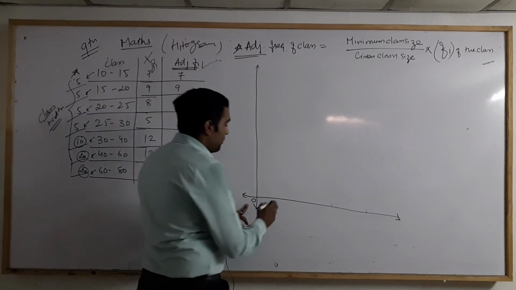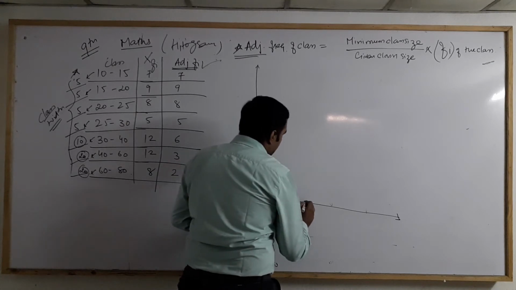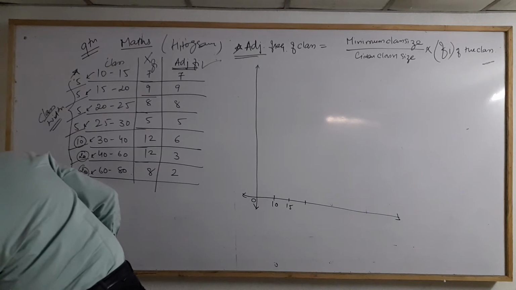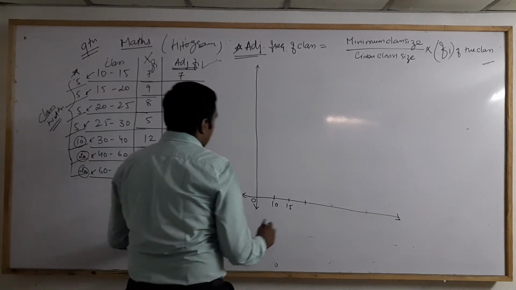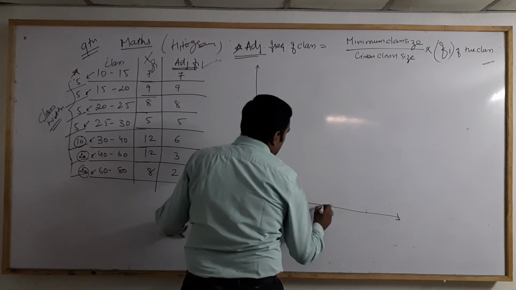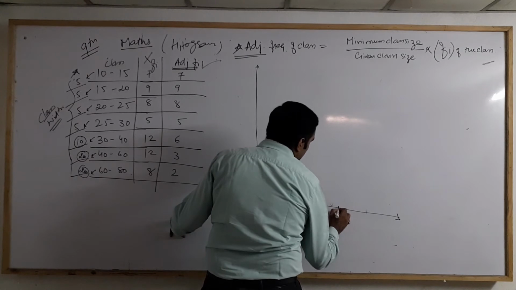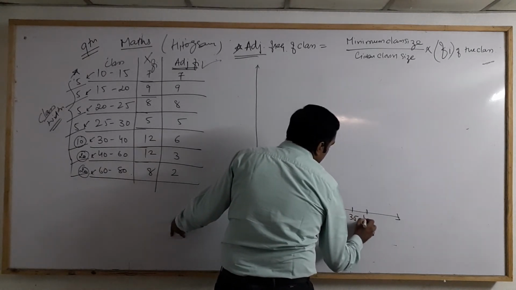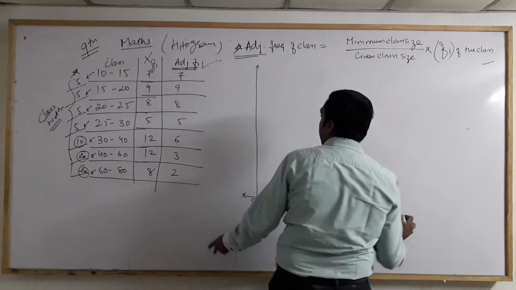So 0 to 10, 10 to 15, 15 to 20, 20 to 25, 25 to 30, 30 to 35, 35 to 40, 40 to 45.